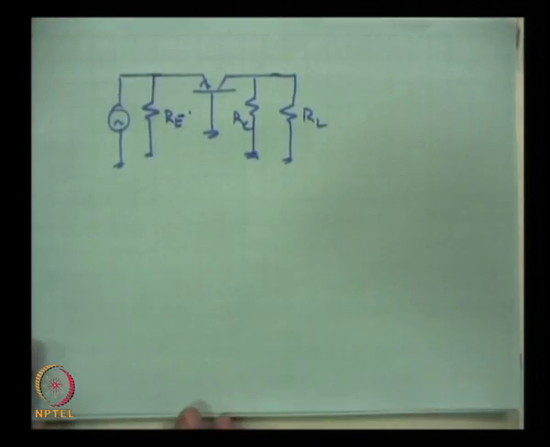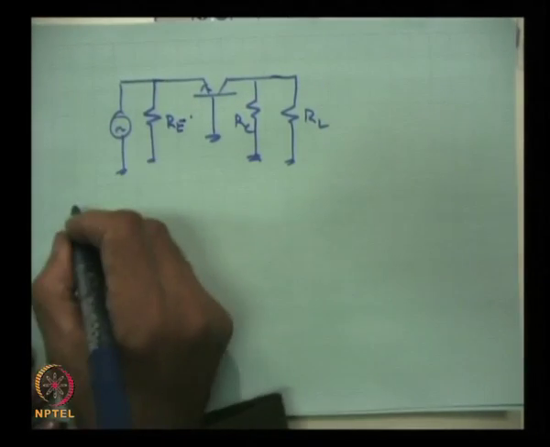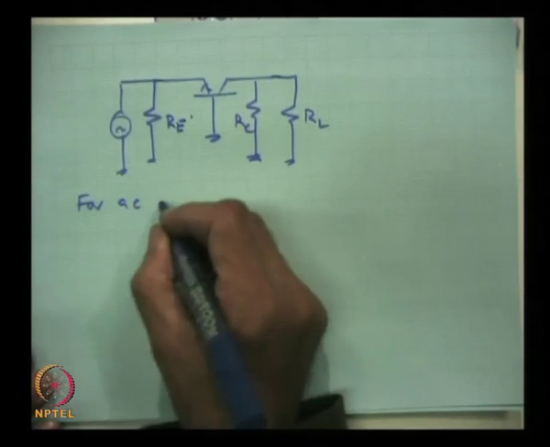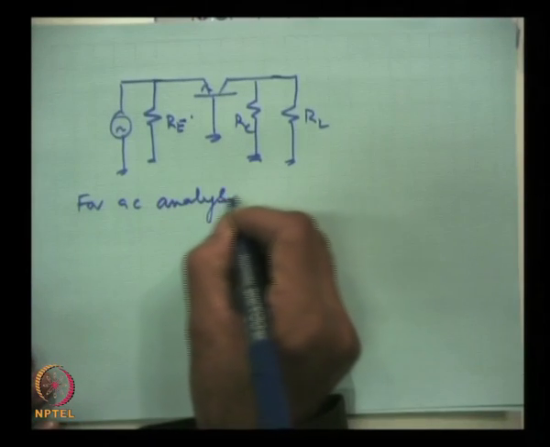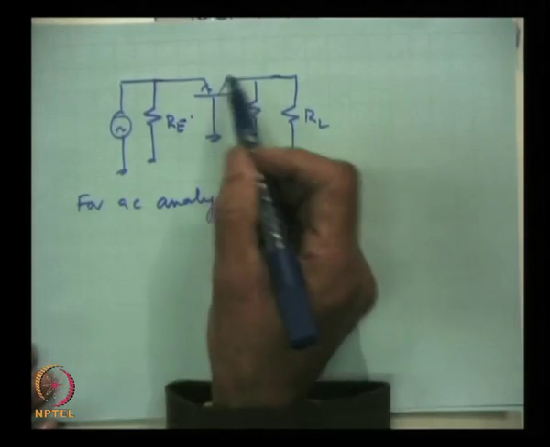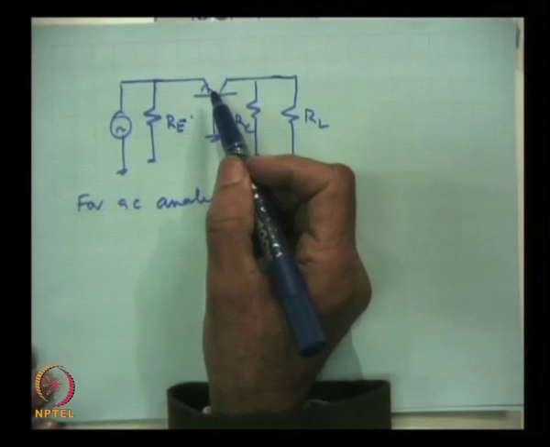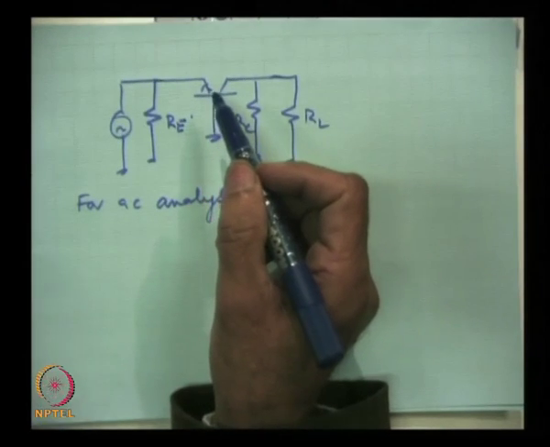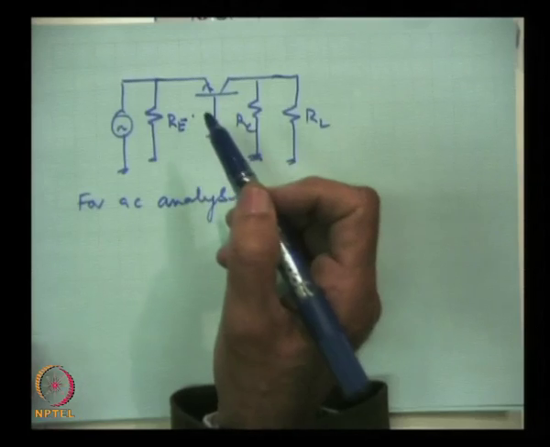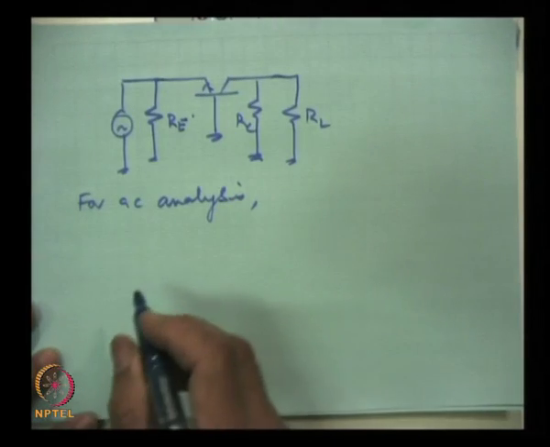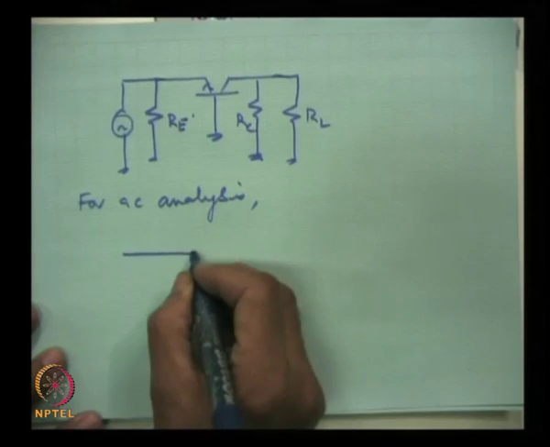Now, to do the AC analysis, we replace this transistor with the small signal model which we have been using in earlier amplifiers also. When we do that, then we get this.